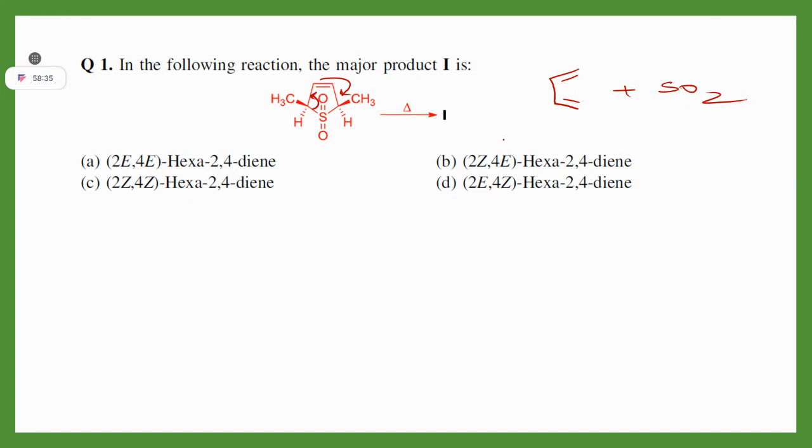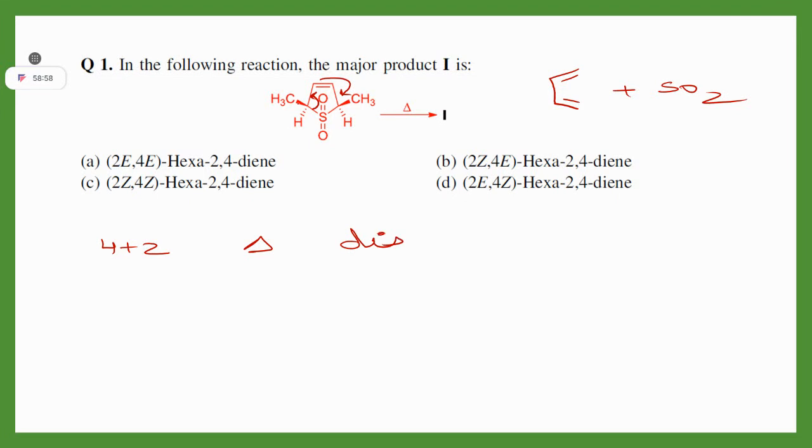Now the question arises, in what form, whether the terminal alkenes will be E or Z. I have told you, whenever there is a 4 plus 2 reaction taking place and heating condition is there, it will undergo disrotation, right?